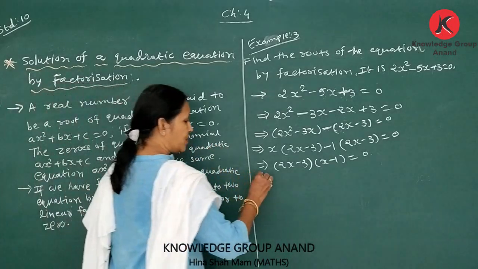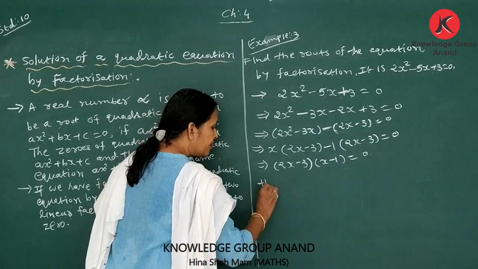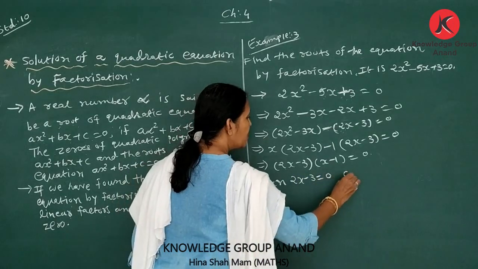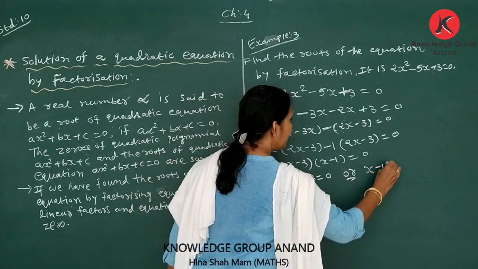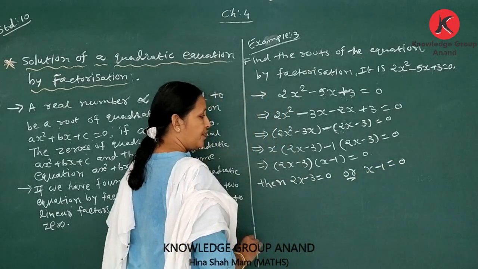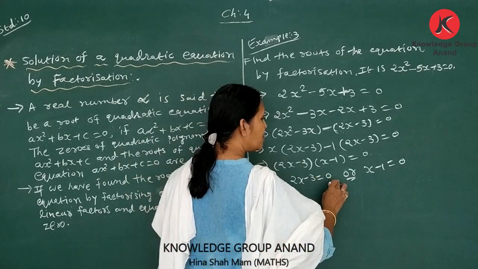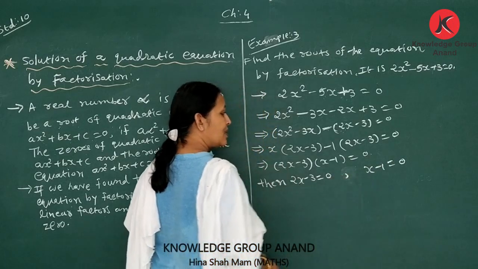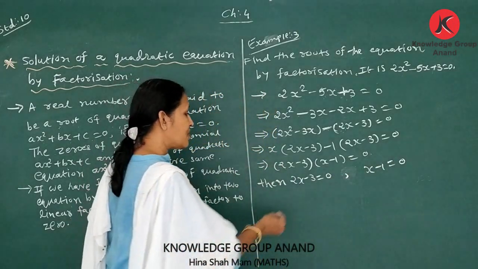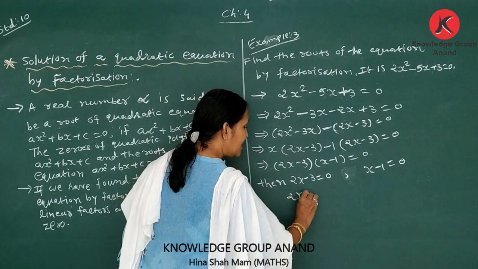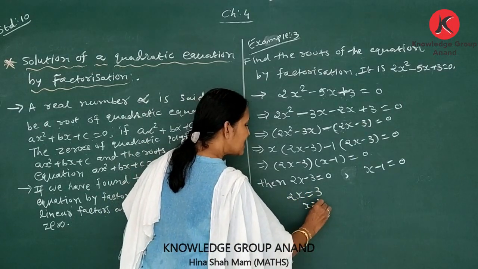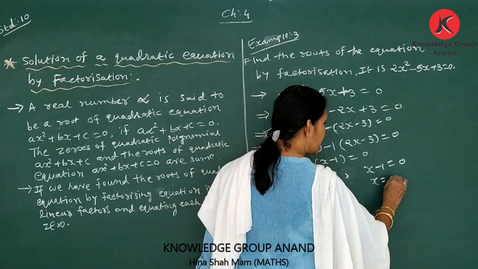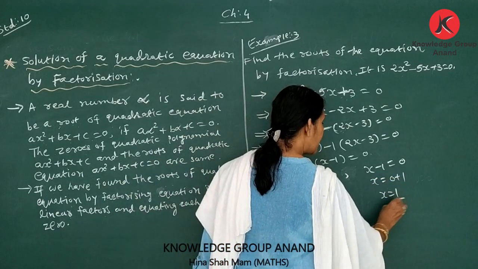So 2x minus 3 is equal to 0 or x minus 1 is equal to 0. Then 2x is equal to 3, so x is equal to 3 by 2; and x is equal to 1.